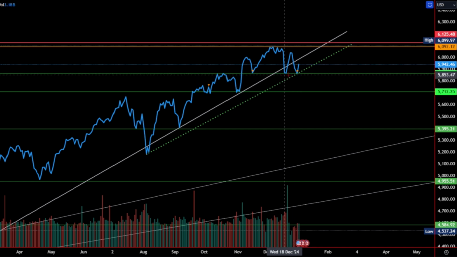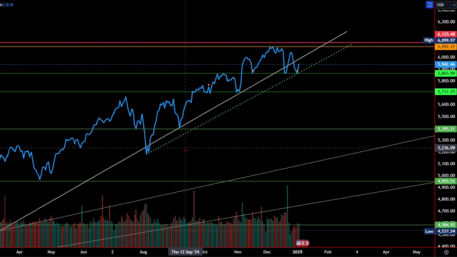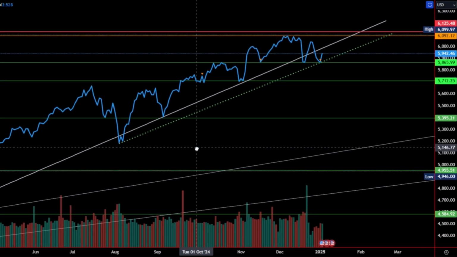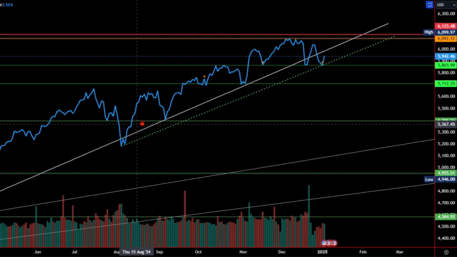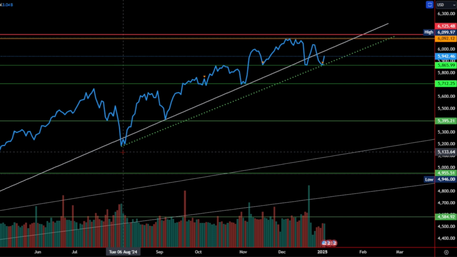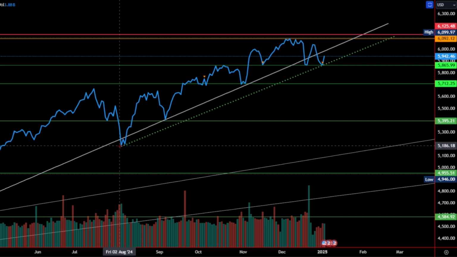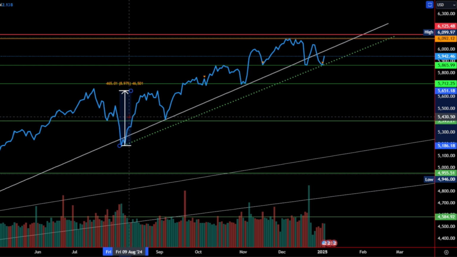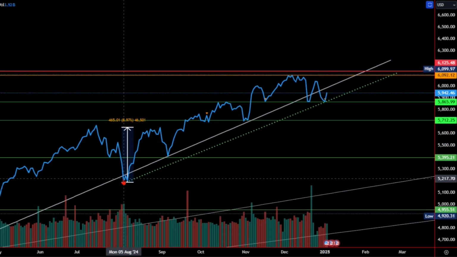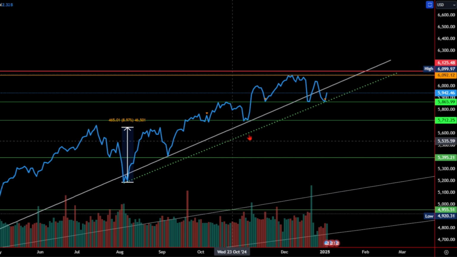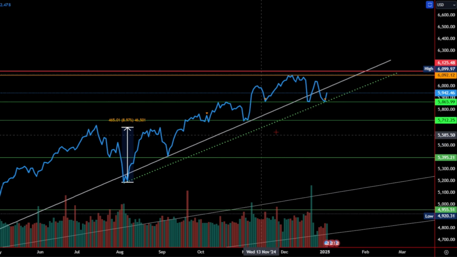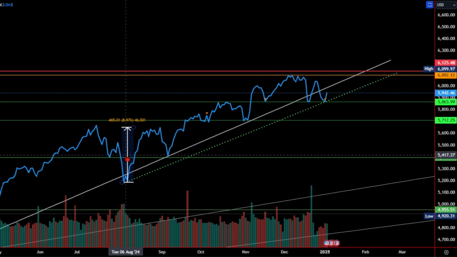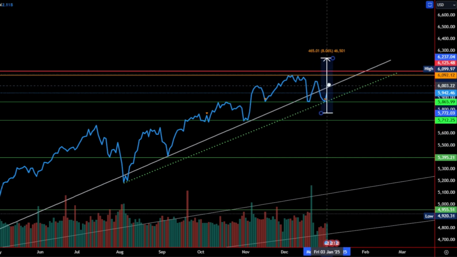We have a double bottom right here, just like we did over here, and we shot up from this double bottom. Let's see, almost 9% we shot up. So now the thing is, since we're retesting the same trend line over here, can we get another bounce?